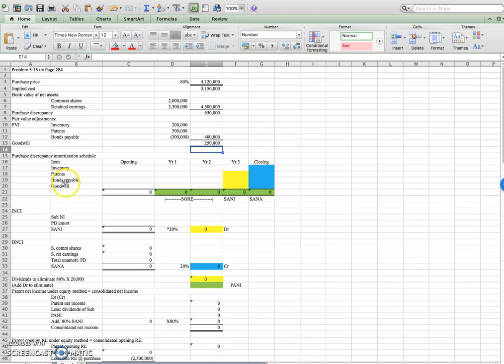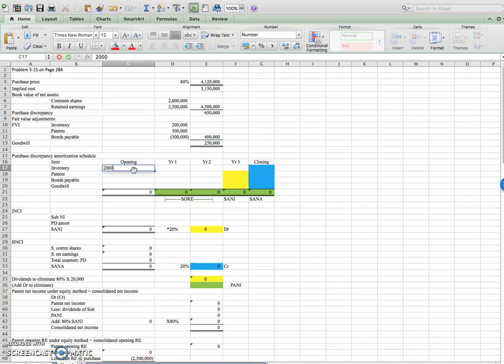Next, we need to go on to step 2, which is the purchase discrepancy amortization schedule. This is prepared because not all of our fair value adjustments are, quote, corrected in year 1. Depending on the nature of the line item, it can go through several years. Let's look at our inventory.